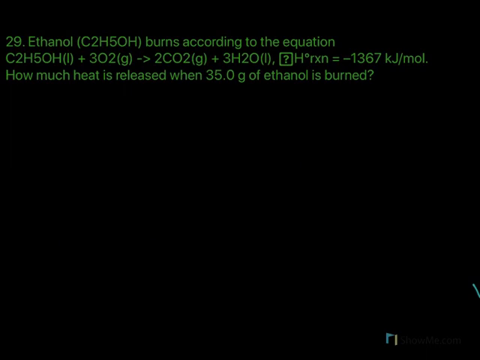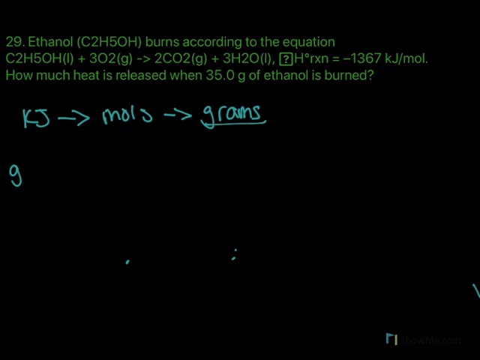Alright, so this question is just going in the opposite direction. We're going to go from kilojoules to moles to grams if we want to find grams in the end. But if we're starting with grams, then we just need to reverse it. So moles to kilojoules.